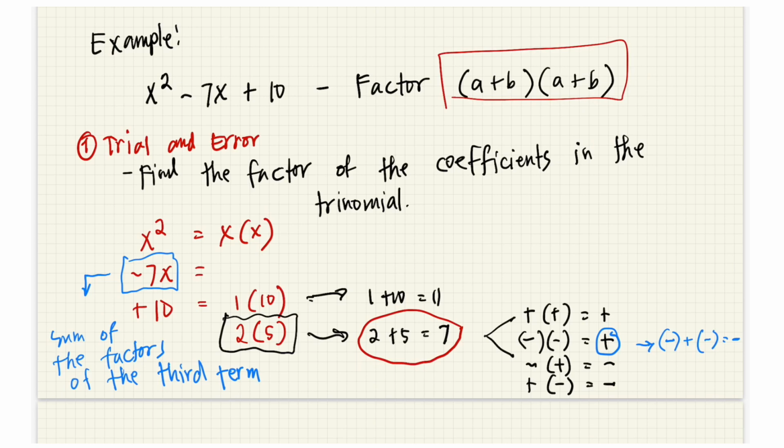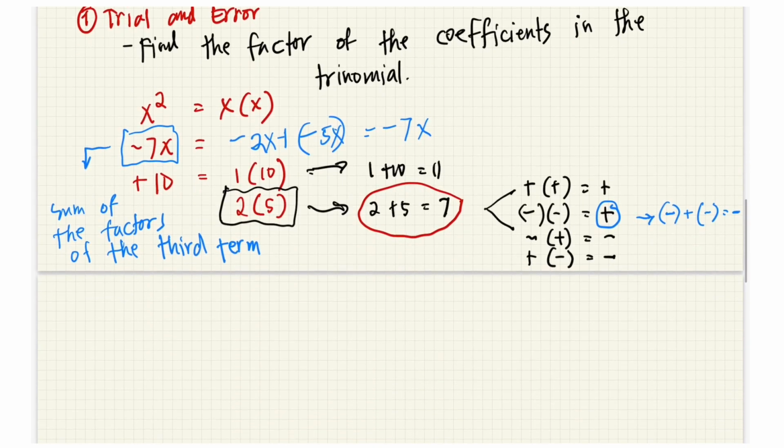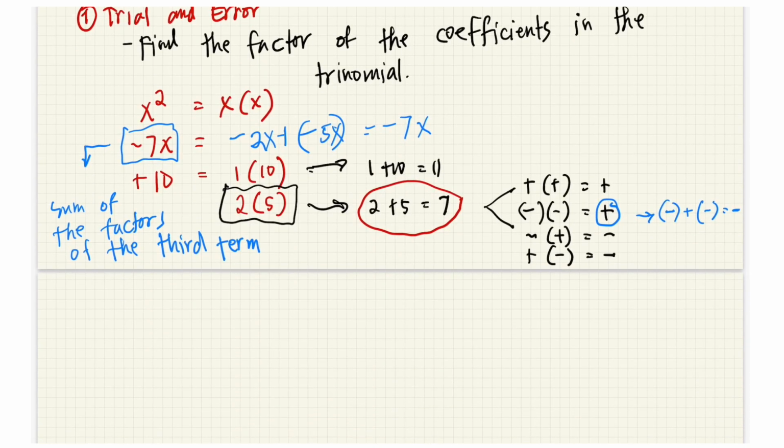So the numbers that we're going to use here would be negative 2 plus negative 5, which gives us negative 7. Negative 2x, and this one is negative 5x, and it gives us negative 7x.